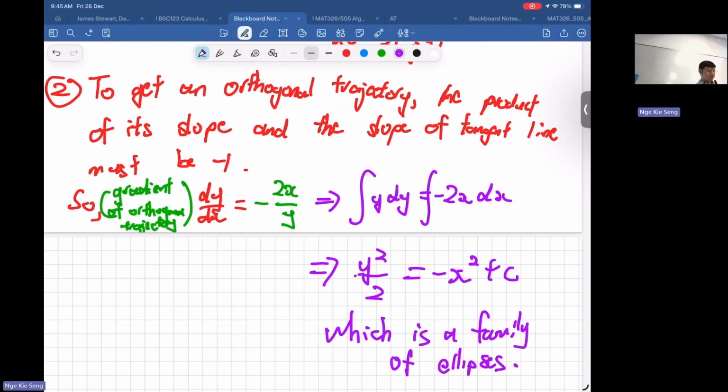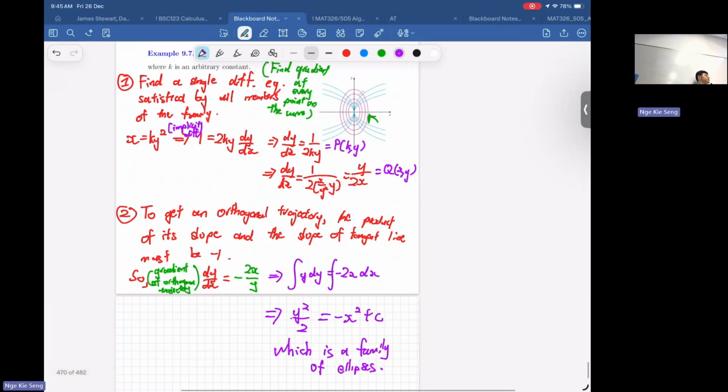So far, any problem here? Any questions so far? Maybe this subtopic wants to tell you that the differential equation is solving for a family of curves. Let's see what's the next part.